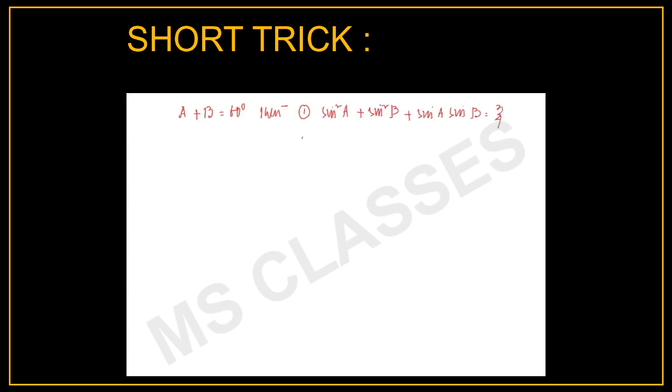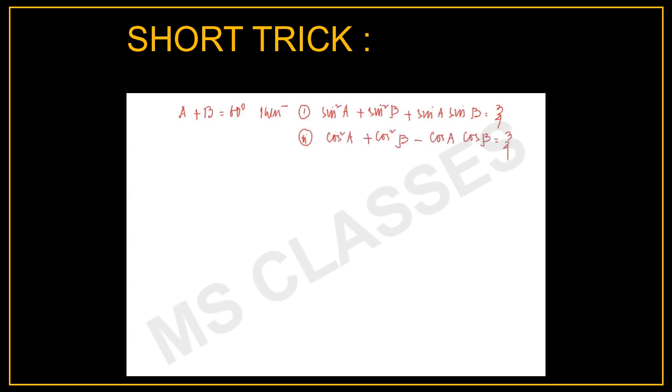And the second one is cos square a plus cos square b minus cos a cos b equal to 3 by 4.